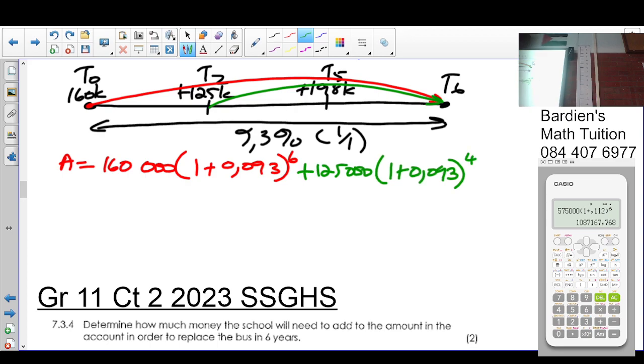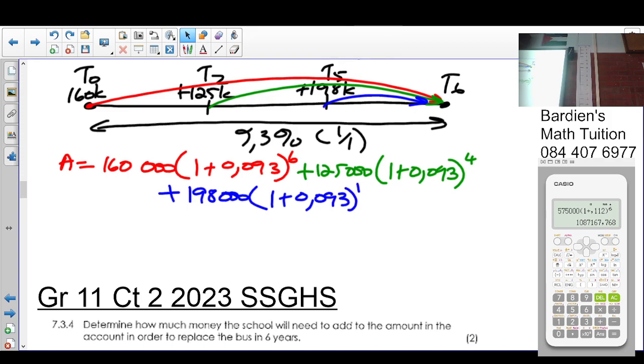And then 198,000 into 1 plus 0.093 to the exponent 1. You guys understand?